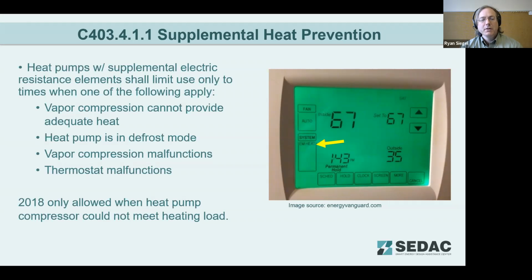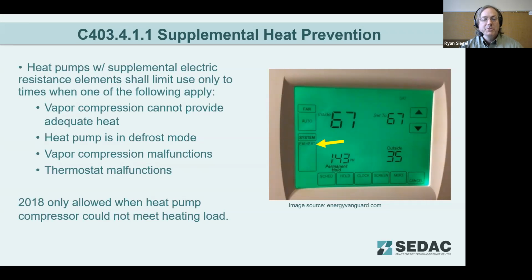This we're seeing a little less and less, particularly as more and more people are moving to cold climate heat pumps that can continue to provide heating down to negative 30 degrees Fahrenheit. But you might still run out of capacity and say, okay, during extreme cold events, the heat pump keeps going and it's going to provide everything it can, but it may supplement with some electric resistance heating.